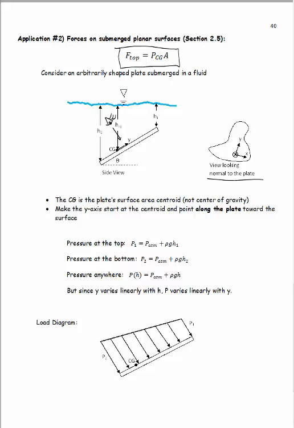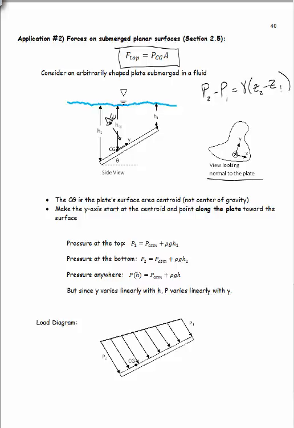Okay, so if we look at P here at the very top, remember, delta P, P2 minus P1, equals gamma of the fluid times delta Z, Z2 minus Z1.